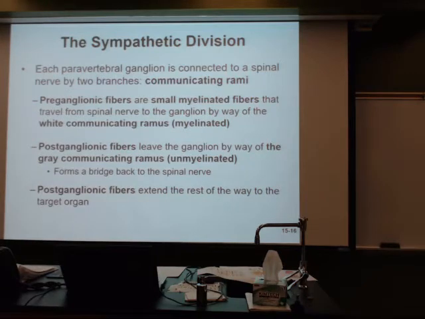And we're going to do that because I have my rami that I just mentioned are communicating. Rami being a projection, communicating meaning it's got to communicate with something. That preganglionic fiber travels by way of the one termed the white communicating.